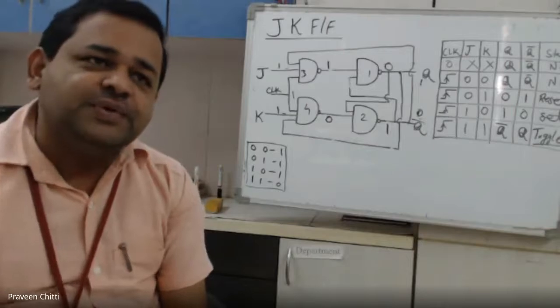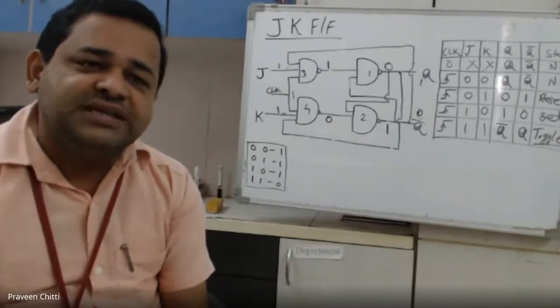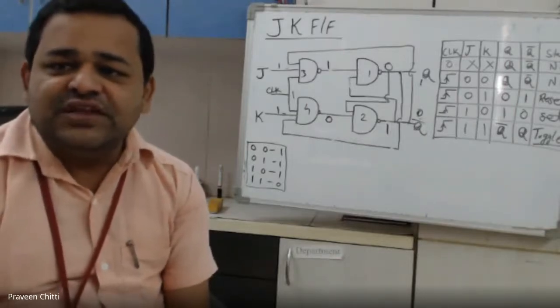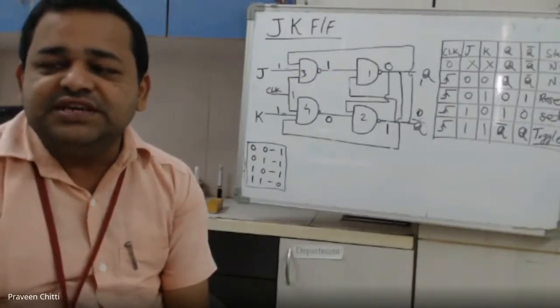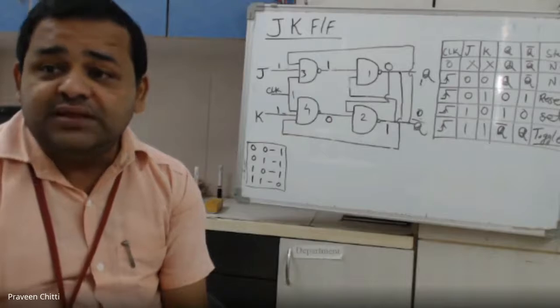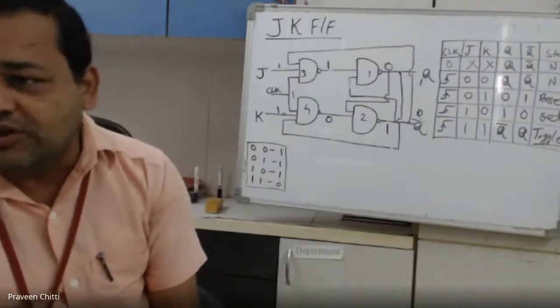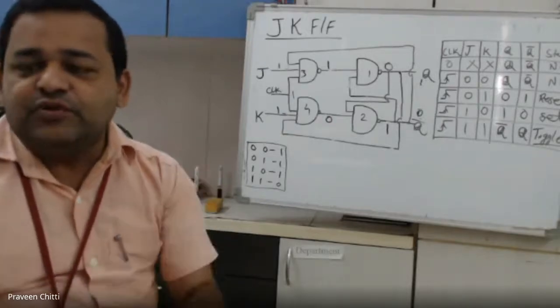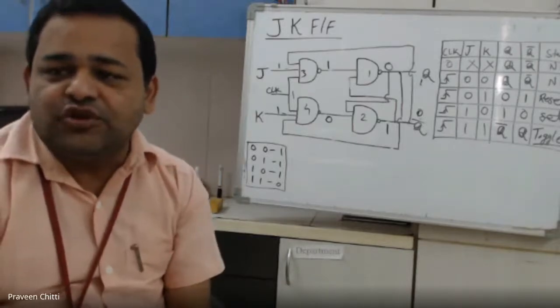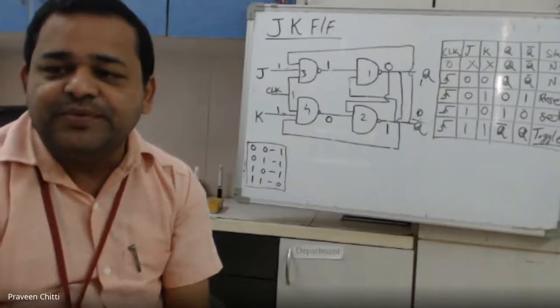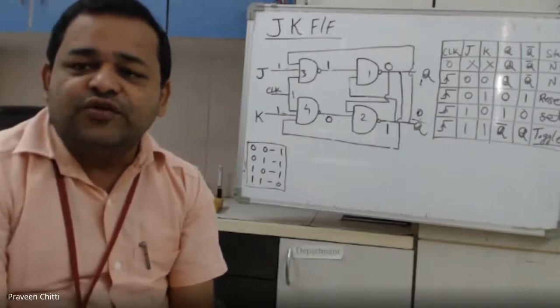But the JK flip-flop suffers from one more small disadvantage. When you apply J equal to 1 and K equal to 1, sometimes the JK flip-flop may toggle more than once in a single clock cycle. When you give J equal to 1, K equal to 1, it should toggle only at the rising edge, or if it is a falling edge flip-flop, only at the falling edge.